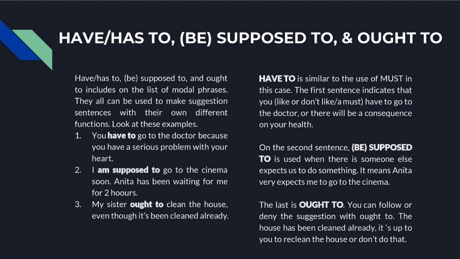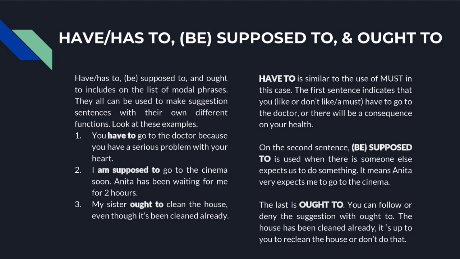Jadi penggunaan have to di sini sama dengan penggunaan must. Ketika kalian menolak sesuatu yang disarankan dengan have to or must di sini sama. Akan ada konsekuensi di akhir itu. Jadi harus suka tidak suka kalian harus melakukan hal tersebut.